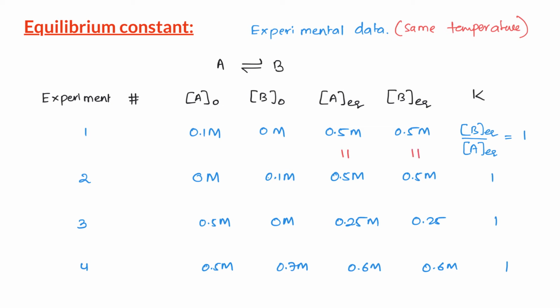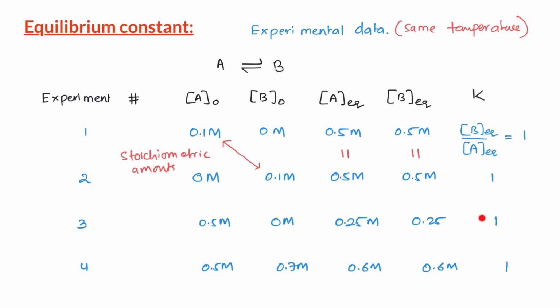Since we are starting experiment 2 with a stoichiometrically equivalent concentration of B, the equilibrium constant for experiment 2 can be calculated as 1. In experiment 3, we start with 0.5 molar A and 0 molar B, and the equilibrium concentrations are 0.25 molar each.